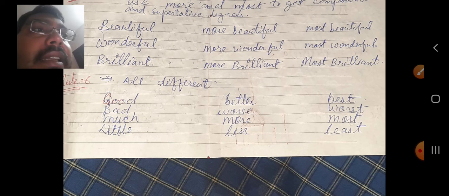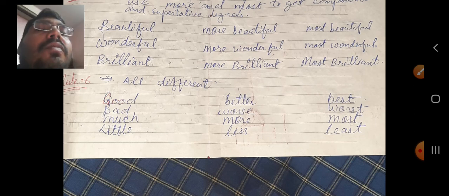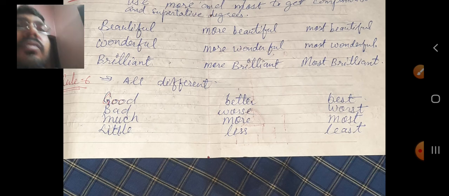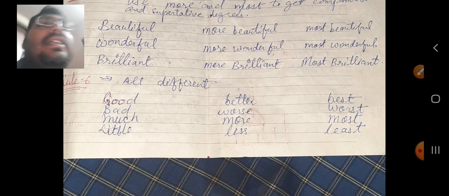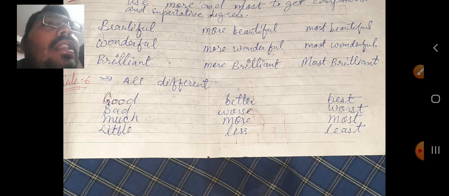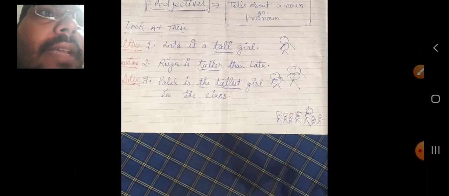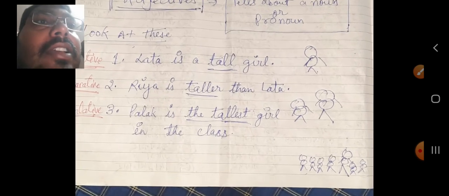Little, less, least. Much, more, most, and so on. So these are your degrees of comparison. You need to not only understand but also learn them so as to use them in your exercises.